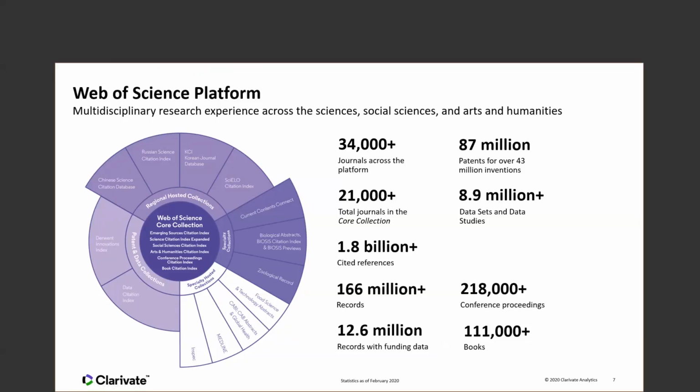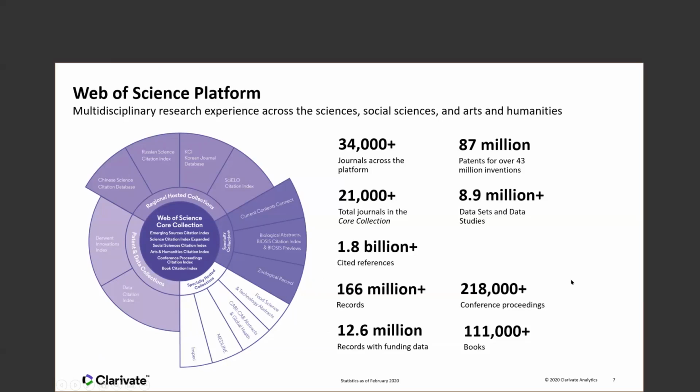So that's the difference between the core collection at the heart of the Web of Science and the whole Web of Science. You see here the numbers in terms of journals, in terms of records. I will explain what a record is. It's a document that is indexed in a specific manner.